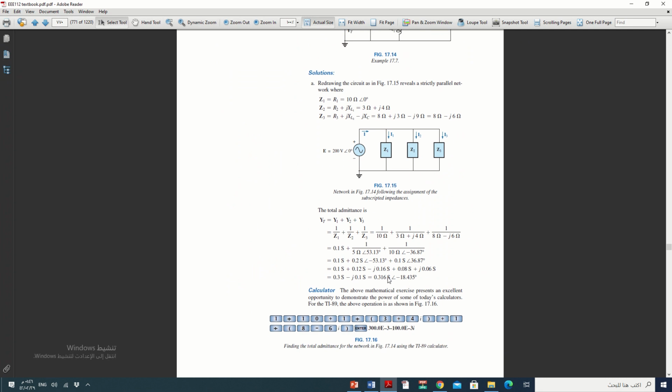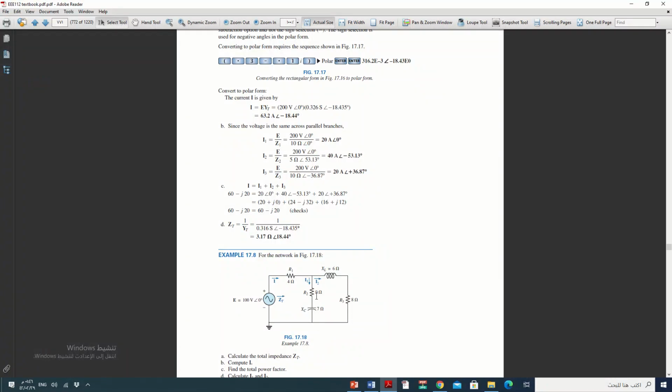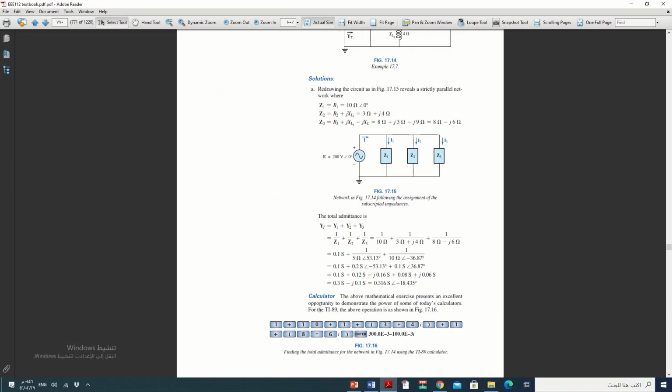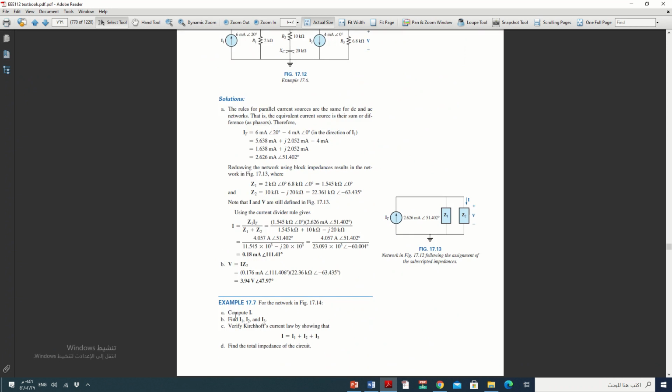I think this is the last example we will go through. 17.8 will be easy; direct calculation. We will go only about 17.7. Compute I and I1, I2, I3, verify Kirchhoff current flow, and find the total impedance.